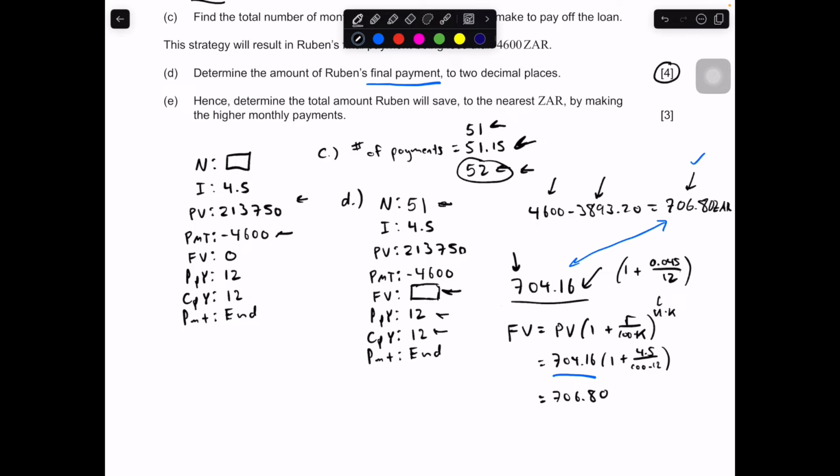Sorry, that's not right either. Actually, no, sorry, that was correct, 0.045 over 12. They're still charging him this fractional amount of interest.